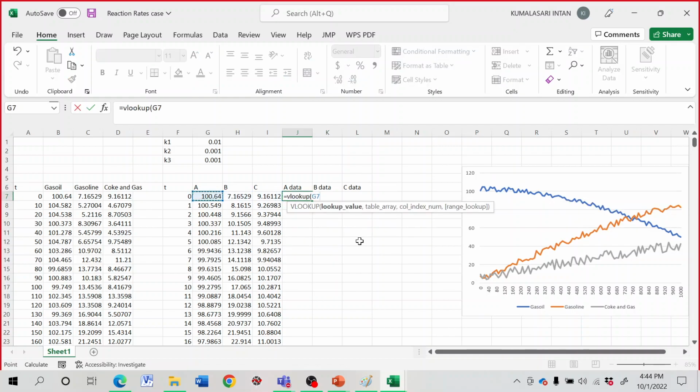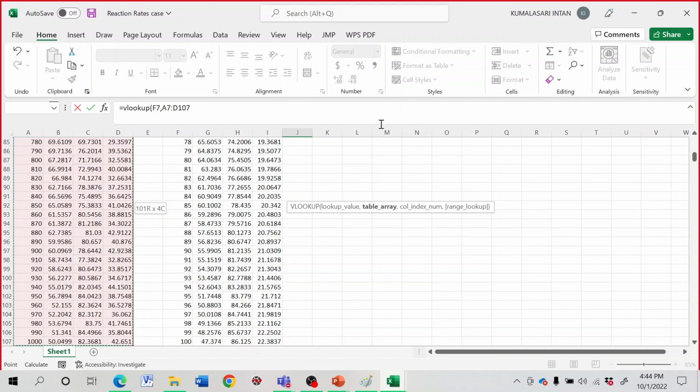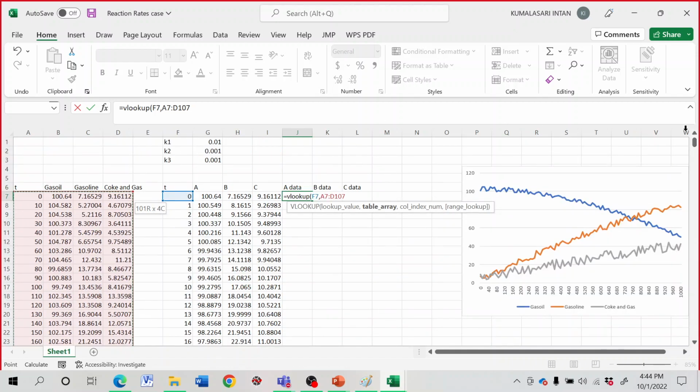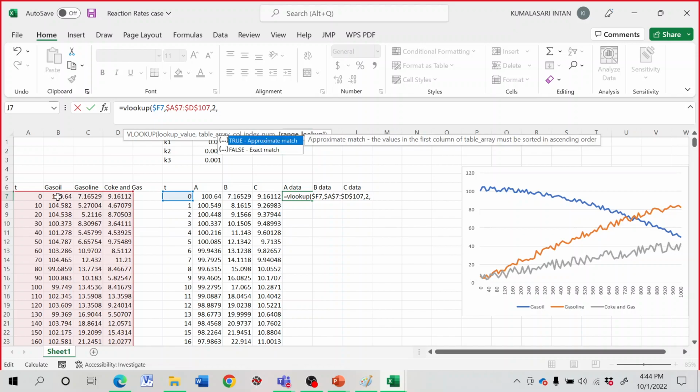Do VLOOKUP, this one, and then the table array is over here because it's the data, and then we make it fixed, and then this has to be an F, okay, and then column for A is column 1, 2, column 2, and then false.